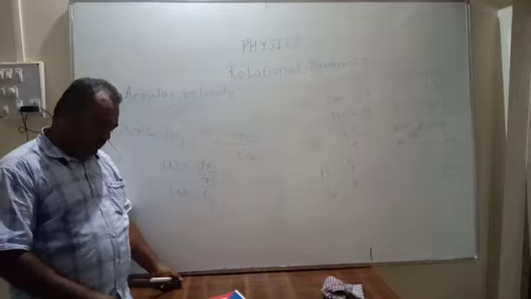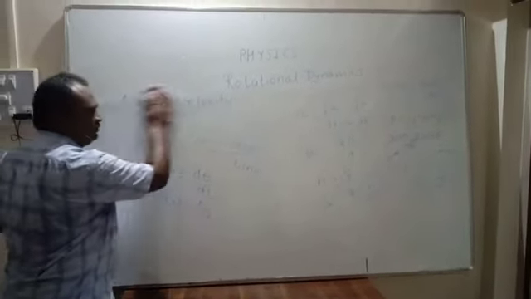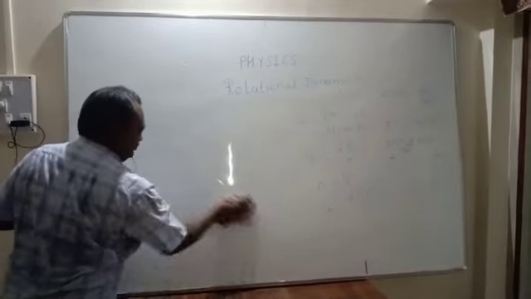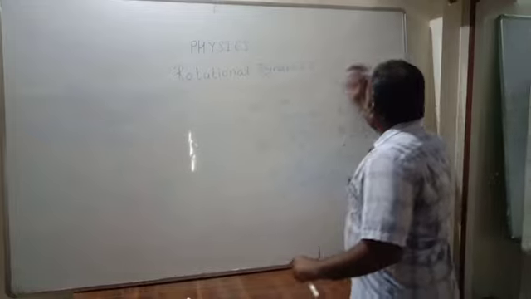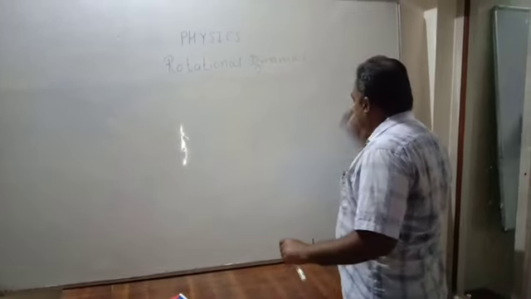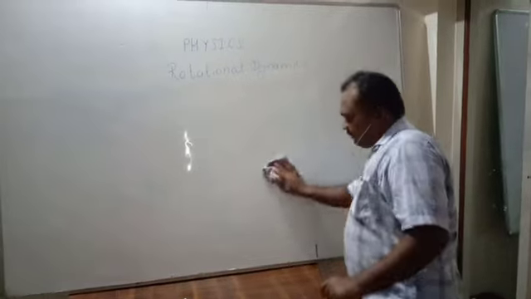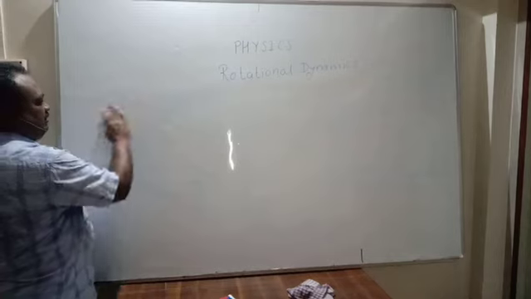Now we'll see, from the entrance exam point of view, you have to know the angular velocities of the minute hand, second hand, hour hand and earth. These are the important parameters. Here I will make a chart.